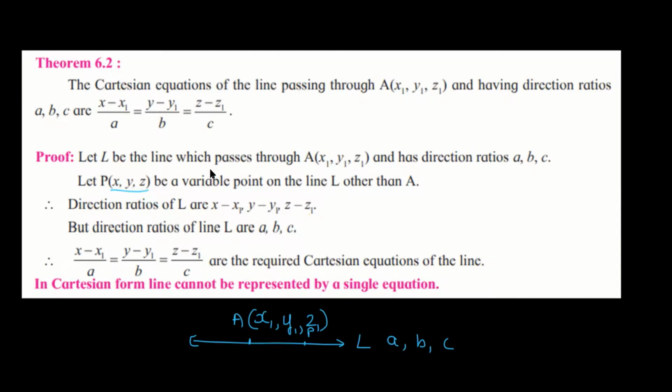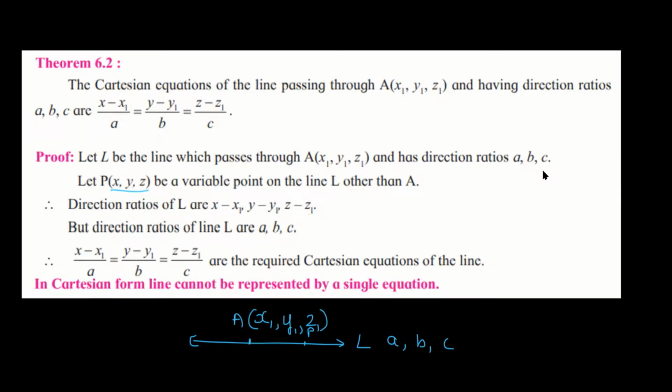So from this data, we can have the direction ratios of line L in terms of x minus x1, y minus y1 and z minus z1. So the direction ratios of line L are given as x minus x1, y minus y1, z minus z1. But we already have over here that the direction ratios of line L are a, b, c.